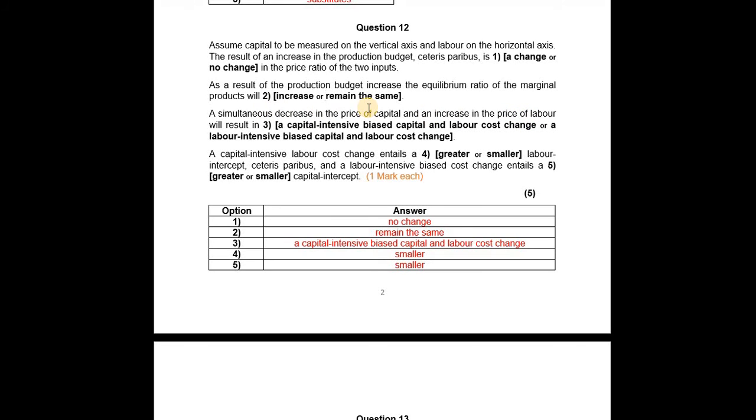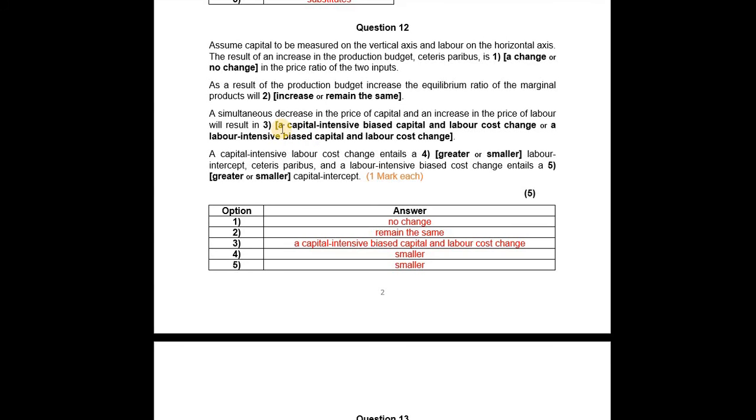Okay, employing capital is cheaper, meaning that it decreased. So it's cheaper to employ capital than to employ labor, because the cost of labor increased while the cost of capital decreased. That simultaneous change there.